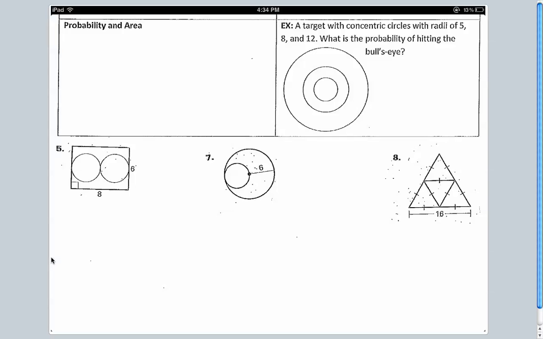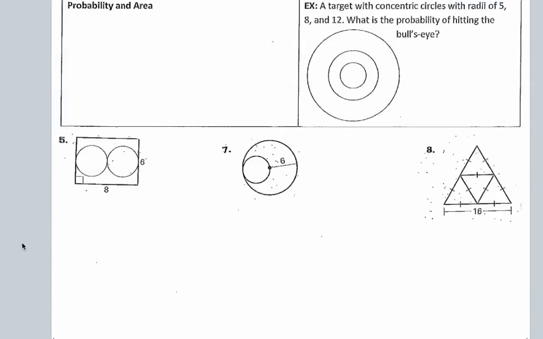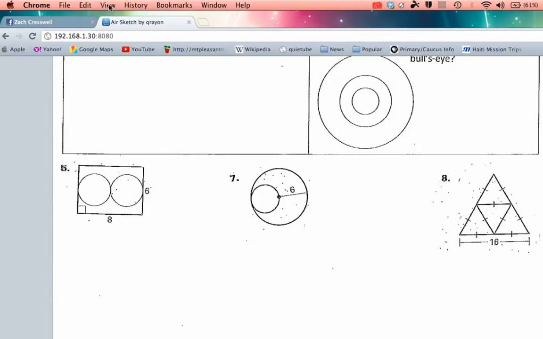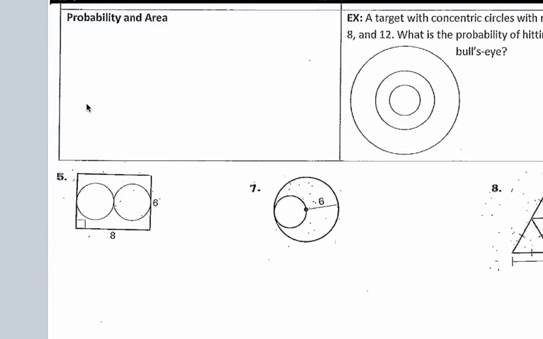So let's look at probability and area. Before we looked at length and probability, now let's look at area. Okay, probability and area. Let's say I've got some random shaded region here.